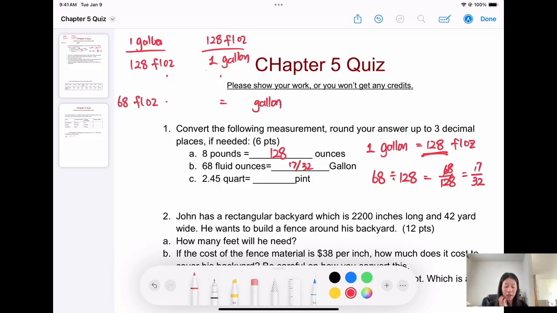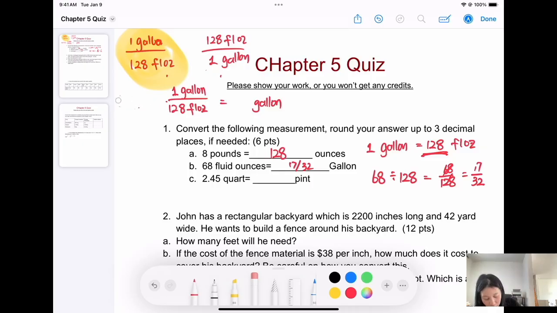Our goal is to get rid of the fluid ounces and to keep the gallon. That means we want the gallon on top, so that's why we will choose the first one. We have 1 gallon over 128 fluid ounces. We convert this into a fraction, so this will become 68 fluid ounces over 1, right?